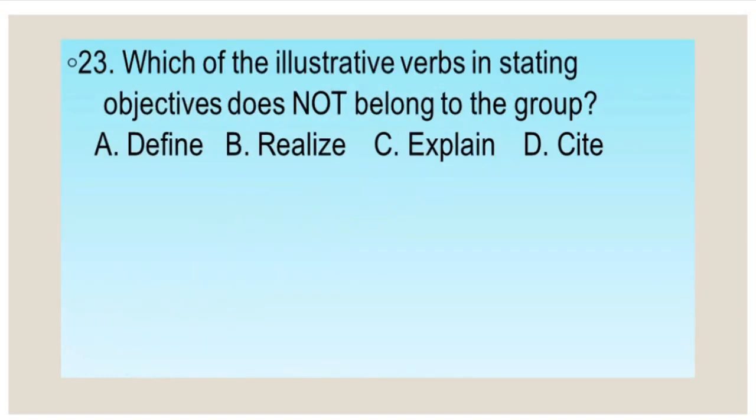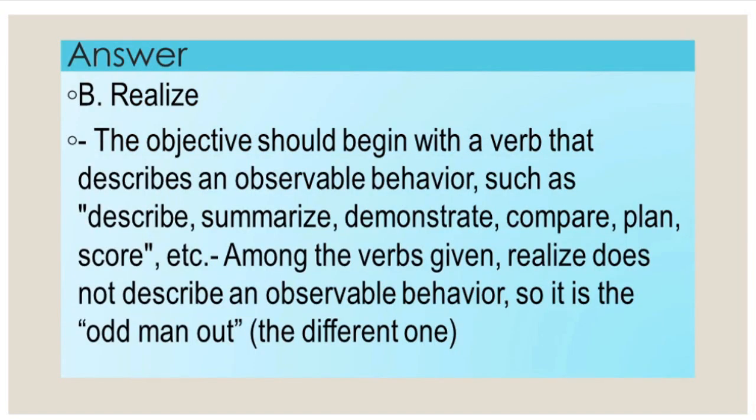Number 23. Which of the following illustrative verbs in stating objectives do not belong to the group? Let's consider this. When we write an objective, we should use a verb that describes an observable behavior, such as describe, summarize, demonstrate, compare, plan, score. There are still many. What do we mean by observable behavior?